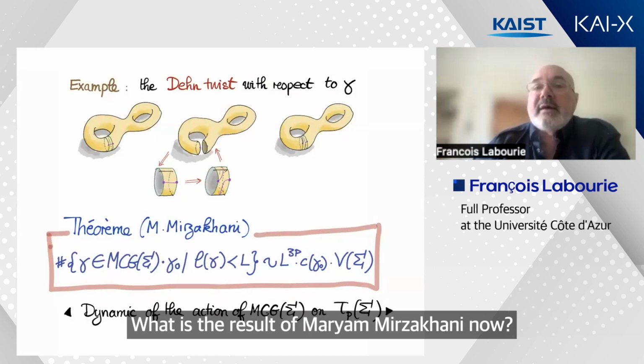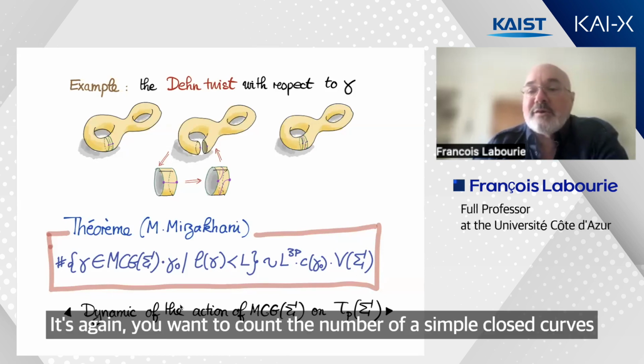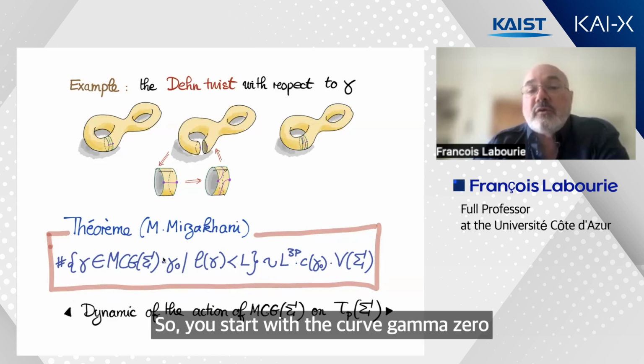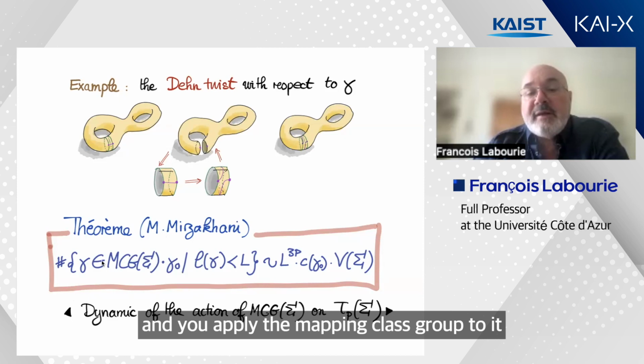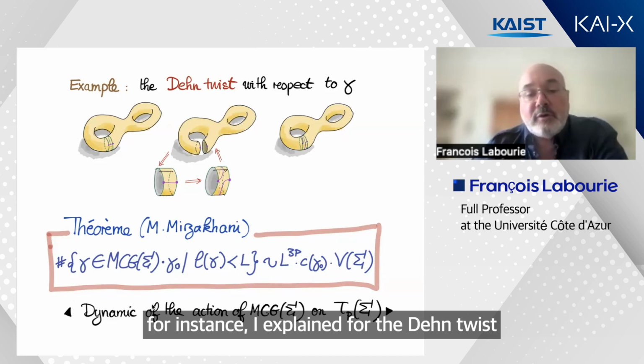What is the result of Maryam Mirzakhani now? I'm sorry, this is not very friendly. Again, you want to count the number of simple closed curves in an orbit of the mapping class group. So you start with a curve gamma 0, and you apply your mapping class group to it. So you have infinitely many simple curves generated by the process, for instance, as I explained for the length twist.